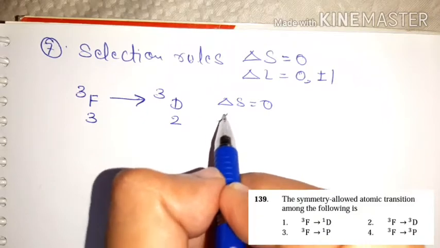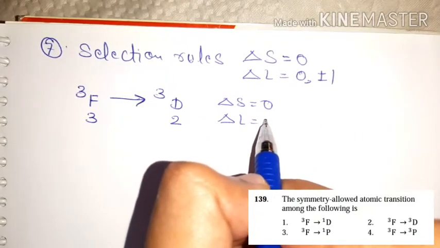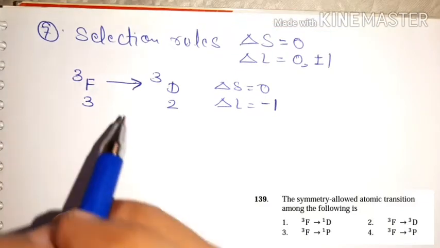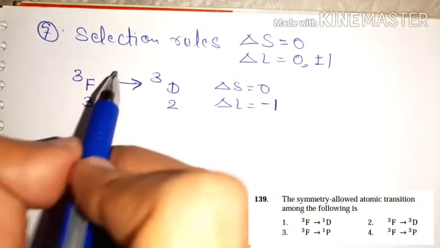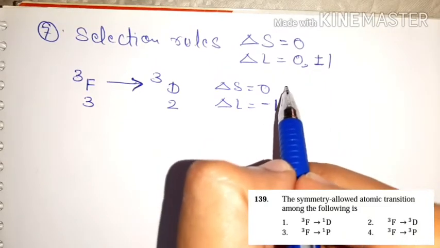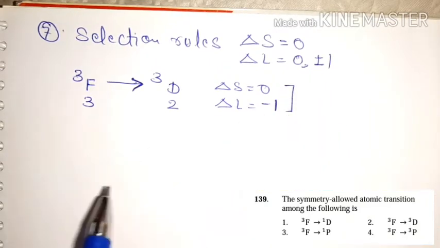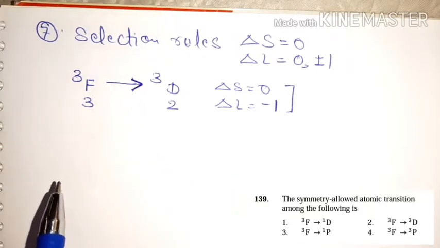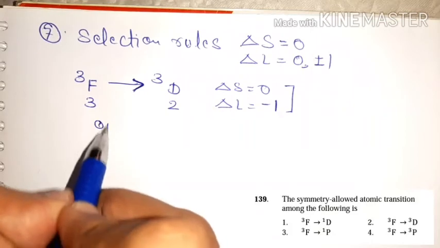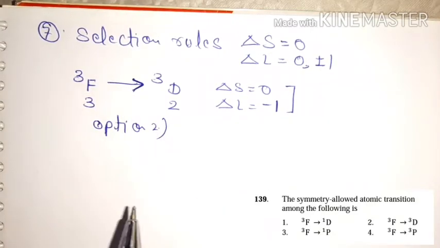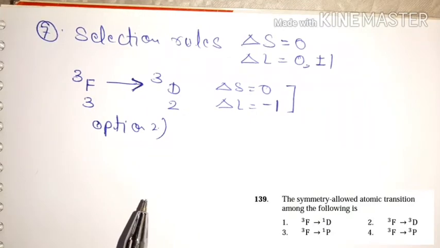So delta L will be minus 1. The transition from 3 to 2 is minus 1, so plus minus 1. So both the selection rules are applicable on this atomic transition. So your option number second is an allowed transition on the basis of the selection rules. Okay, understand?